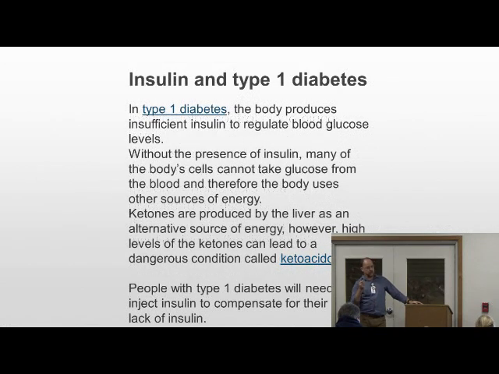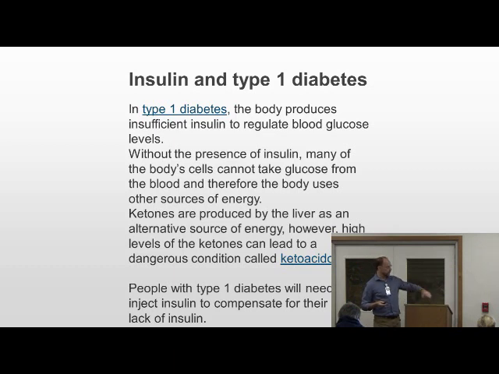Type 1 diabetes is when you stop making insulin. And usually it's younger people. They get probably some viral illness and it knocks out the beta cells in the pancreas that make insulin. All of a sudden, they've got a pancreas that doesn't make any insulin. And if you don't make insulin, you can't pull the glucose out of the blood effectively.